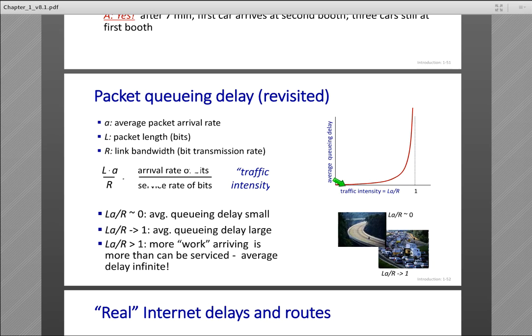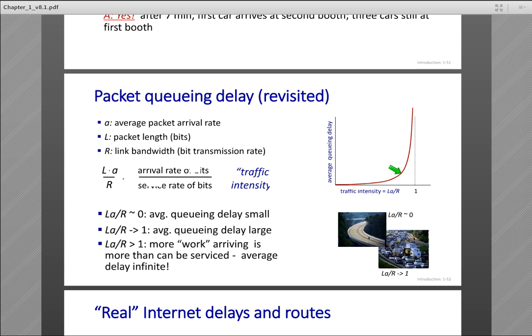If the traffic intensity is low, near to zero, we can see that the average queuing delay is near to zero. As soon as the traffic intensity increases, you can see that the queuing delay will increase too.